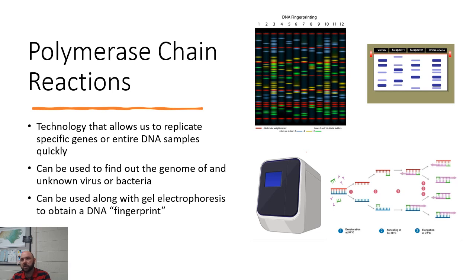Now, if we can just collect DNA from a sample, perhaps from somebody's nose or infection, we put it in a PCR machine and we replicate that DNA over and over and over and over again. And then we can test that DNA to see, is it part of the virus or is it part of the bacteria that we are looking for?